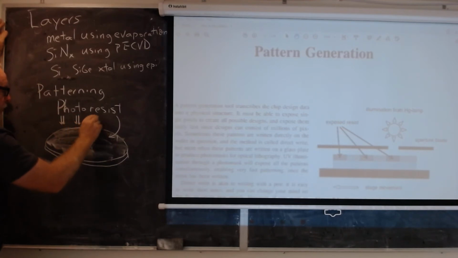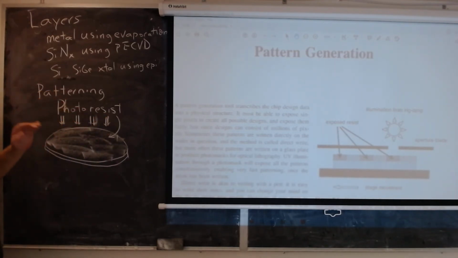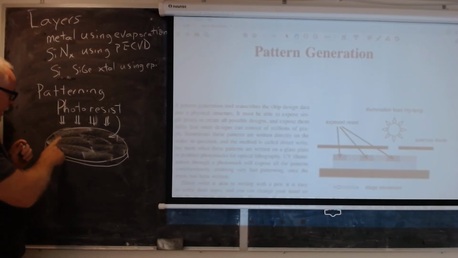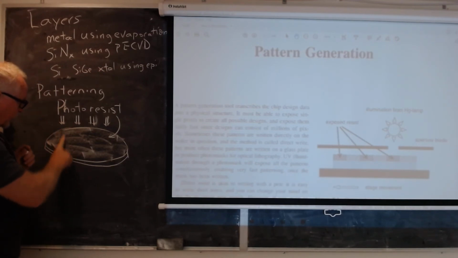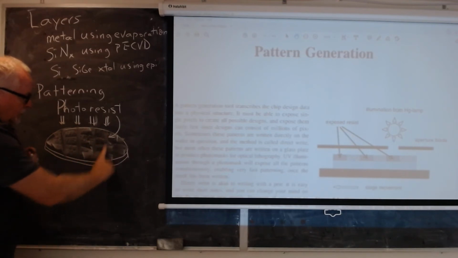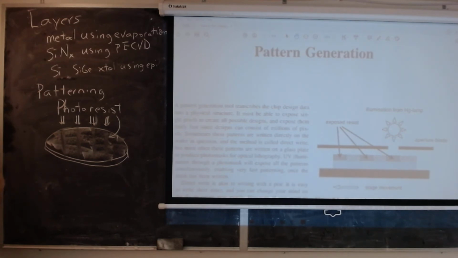For example, I can come down with an exposure of lines, right? So I'm not telling you what I'm exposing yet. I'm just saying I'm using something. It could be a laser, it could be an electron beam. We'll go through that in a little bit. But basically, if I expose, I can make a line where that photoresist is missing, or lines. Okay, so I can pattern the surface.